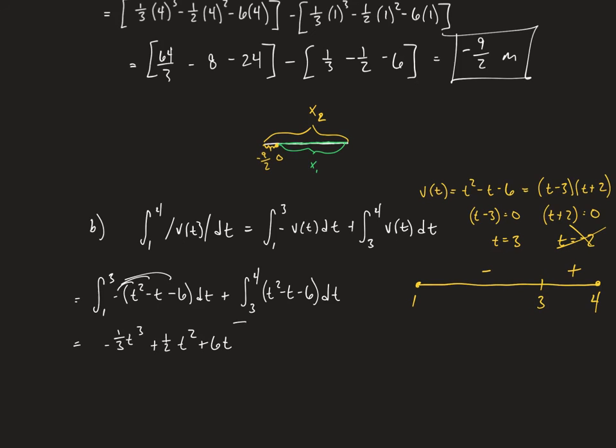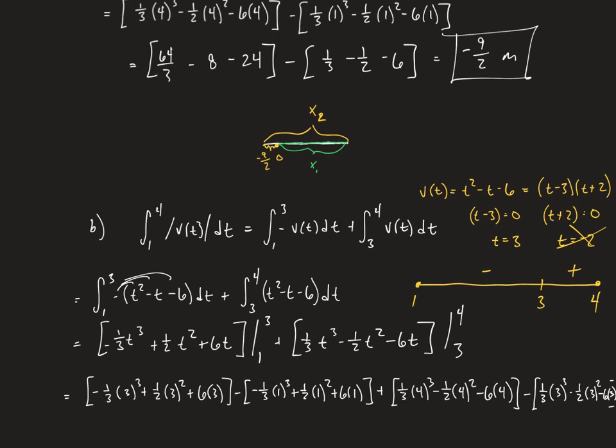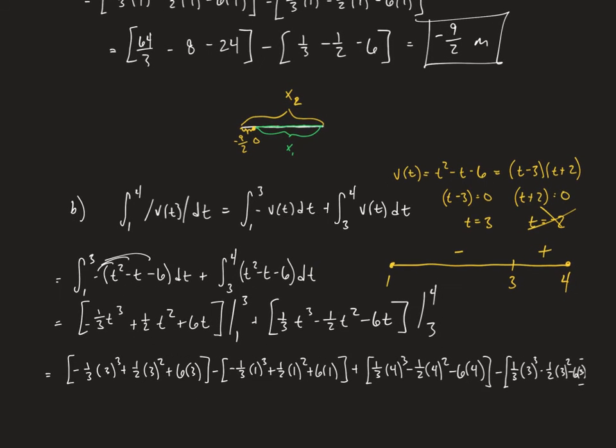And I've got that difference in values from 3 to 1, plus the same thing, 1/3 t to the third minus 1/2 t squared minus 6t evaluated from 4 to 3. And now I'm going to calculate those. Just trying to fit all that in here. And now I just have to actually calculate each of these.